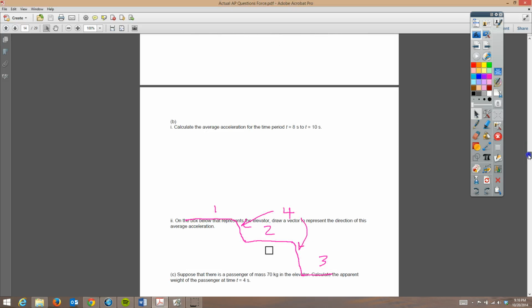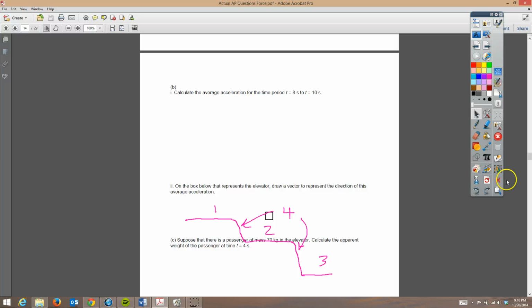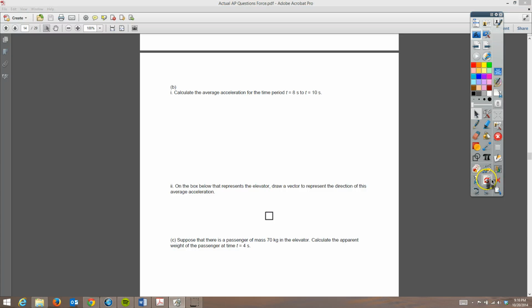We're going to go down to calculate the average acceleration for the time period of 8 to 10 seconds. So this one is pretty easy to do. We just know that the average acceleration should be equal to the change in velocity all over the change in time. The change in velocity, we are stopping at 0.